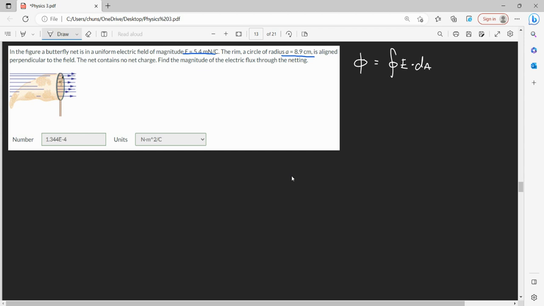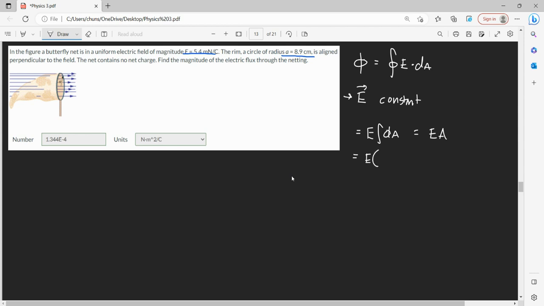And since we're not given any directions, we know that E is constant. So we can kick it out of the integral. We're only dealing with one homogeneous surface, so that will just turn into E times area.